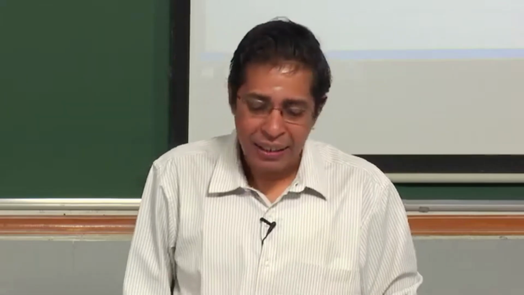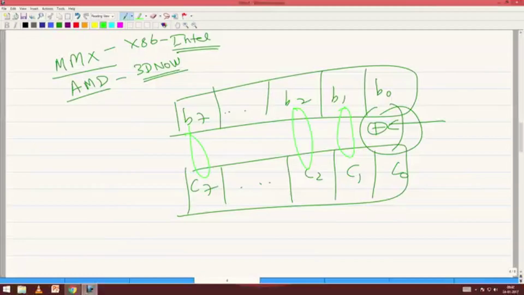Okay, are you able to follow this? Now these registers are called MMX registers in Intel. They are named MM0, MM1 to MM7. Right, you have floating point registers FP0, FP1 to FP7, like that.